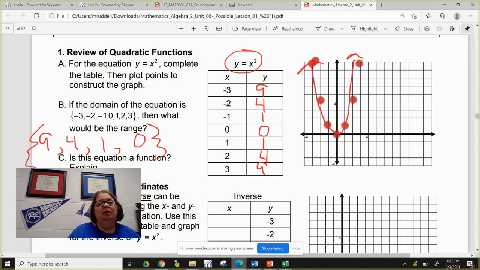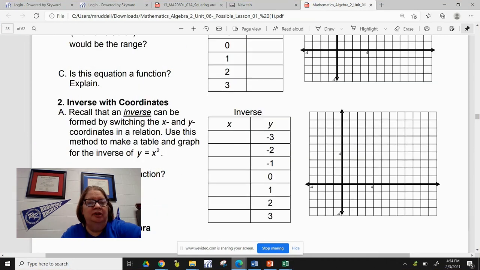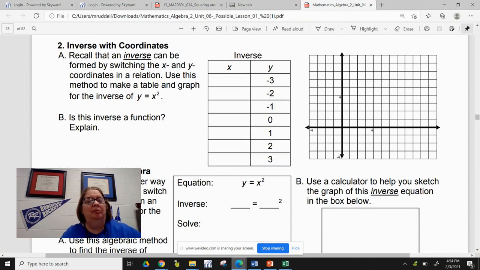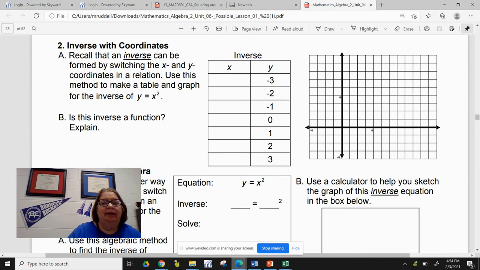Now, think back to the beginning of the year when we talked about inverses and we learned some things about inverses. And we said that for inverses, you switch the x and the y. This part says the inverse with coordinates. Recall that an inverse can be formed by switching the x and y coordinates in a relation. Use this method to make a table and a graph.